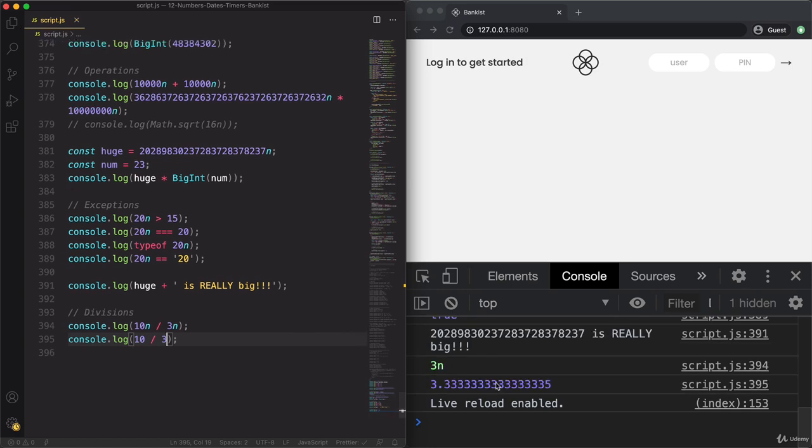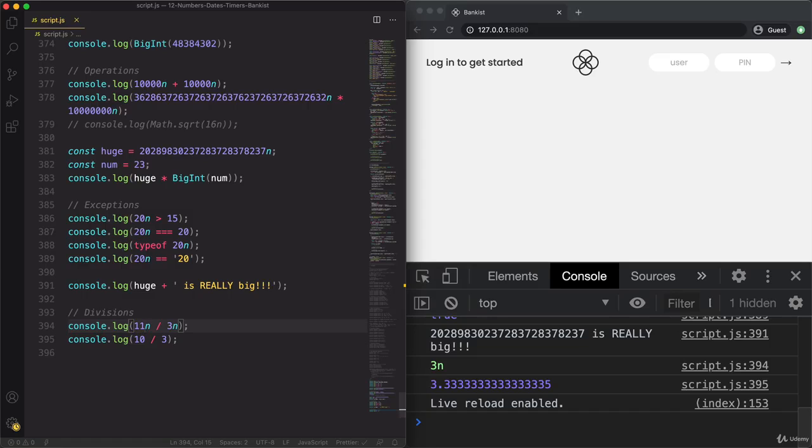But with BigInts, it will simply return the closest BigInt. Let's try it with 11 here. And so it simply cuts the decimal part off. Of course, with 12, it would then be 4, right? But with anything else, it will cut off the decimal part.